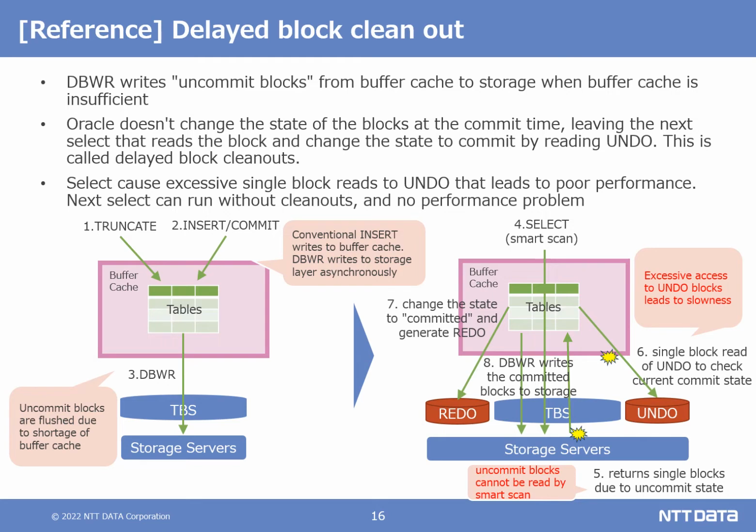Huge performance degradation is observed. After the first select completed and cleanout finished, the same select runs just fine without any performance problem, which makes it difficult to troubleshoot the issue. I will explain such Exadata characteristics in a later slide.